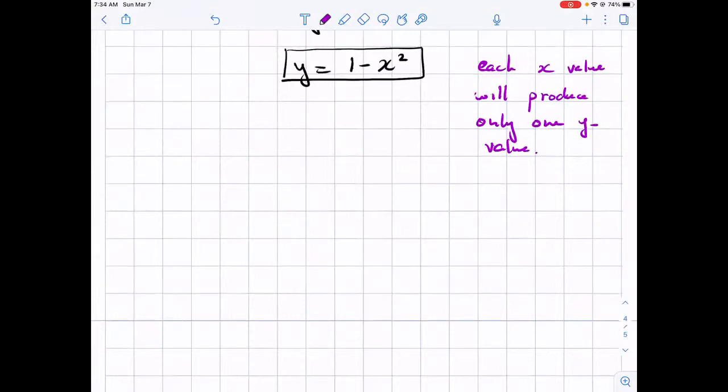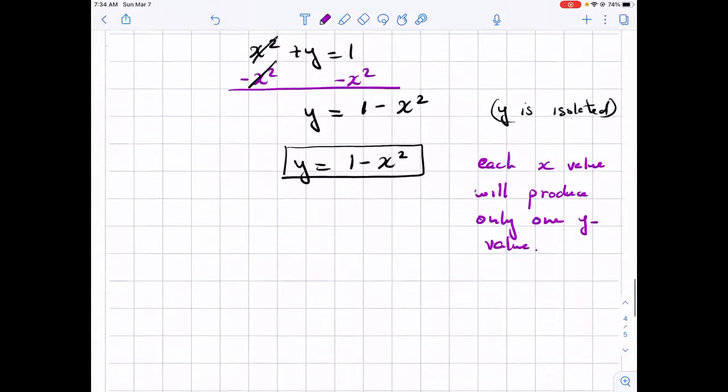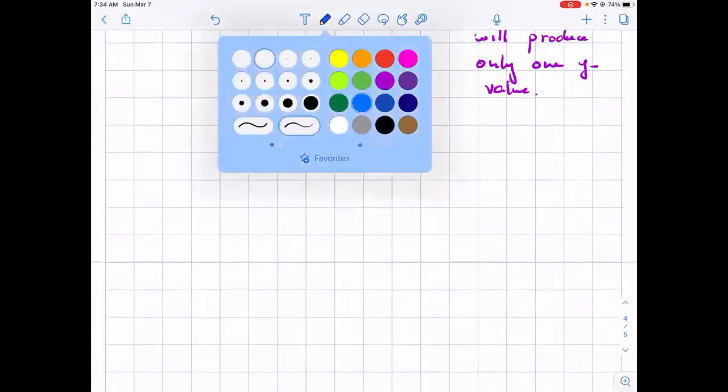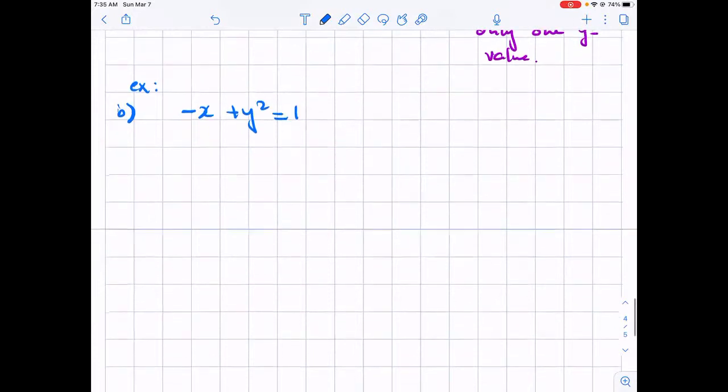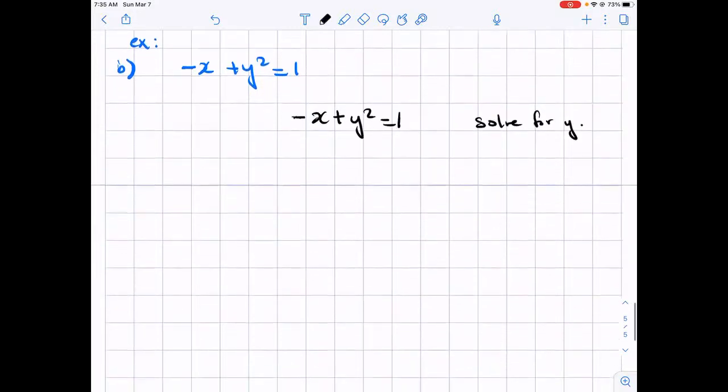Now, this was A, so let's look at example B. Same direction. How about if we have minus x plus y squared is equal to 1. So we want to solve for y. Let's solve for y because we want to see if it's a function of x.